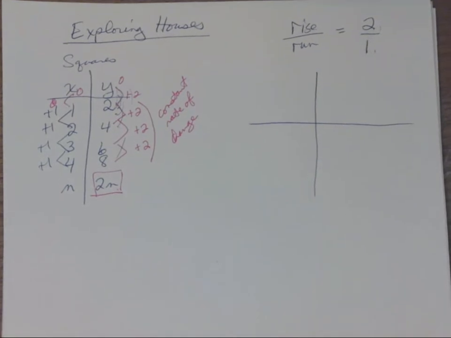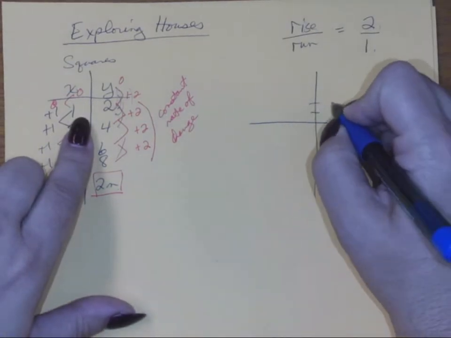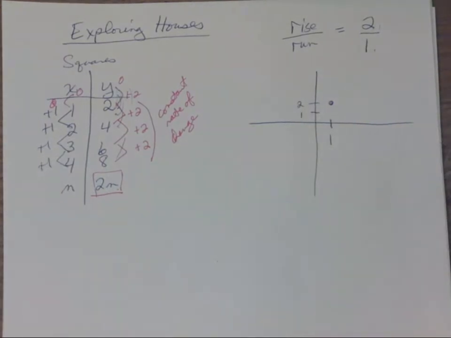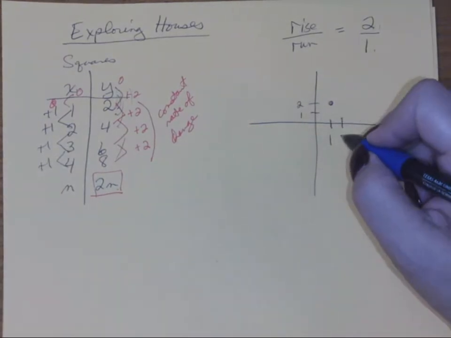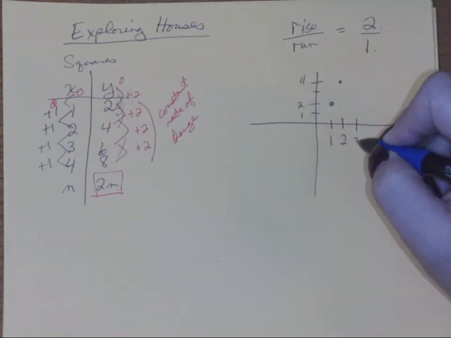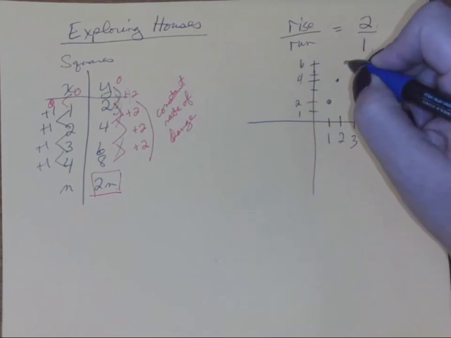You always know Dr. Webster's not an artist, so don't hold anything against me. But my points here are the point (1, 2), and then I've got (2, 4), and (3, 6), and so forth.